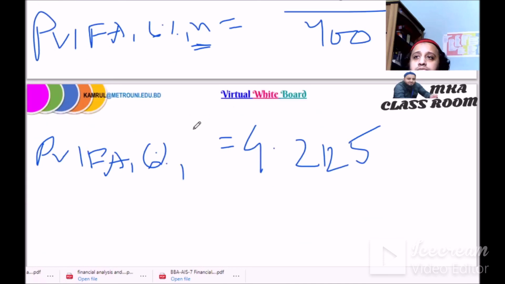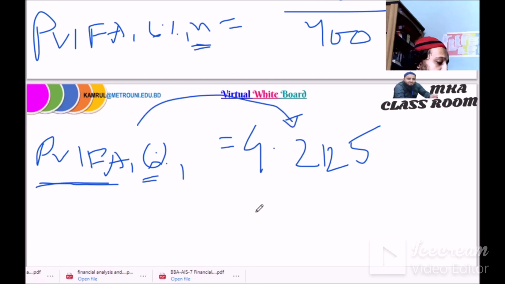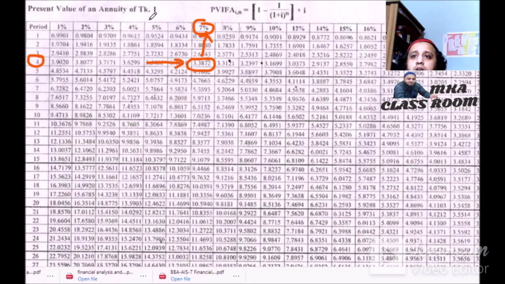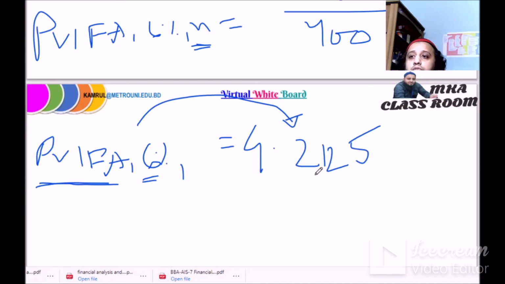So if we try to search the present value interest factor annuity table with the rate of interest 6%, which year has the value of 4.2125?